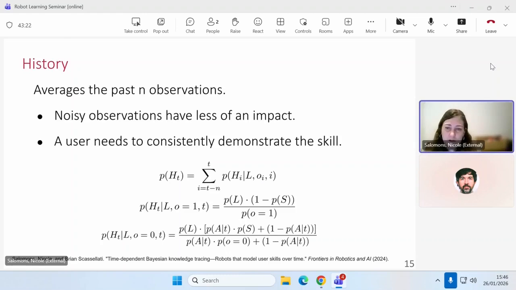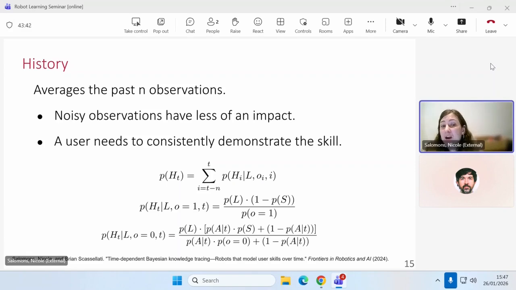The other kind of change that we've made is this history. This is simply that we average the past n observations. So we don't only wait till the end, but we average the past, I think, 10, 20 different time steps to see whether the user is continuously getting the answers right or wrong.